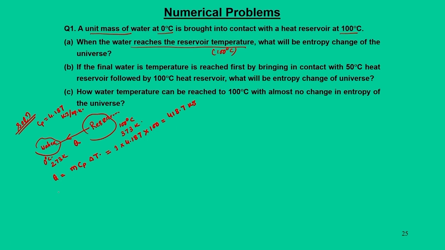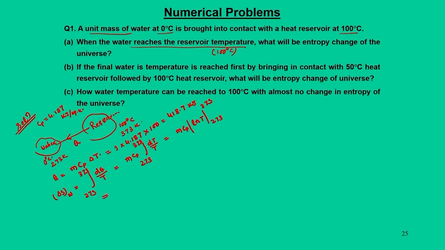Now, we have to find out the entropy change. First, we have to find out what is delta S for water. Water goes from 273 to 373, so we can integrate dq by T, and dq is m Cp dT. So, we can say m Cp times the integral of dT by T. This integration has to be performed from 273 to 373 and this is nothing but ln T. So, m Cp ln T has to be evaluated from 273 to 373.